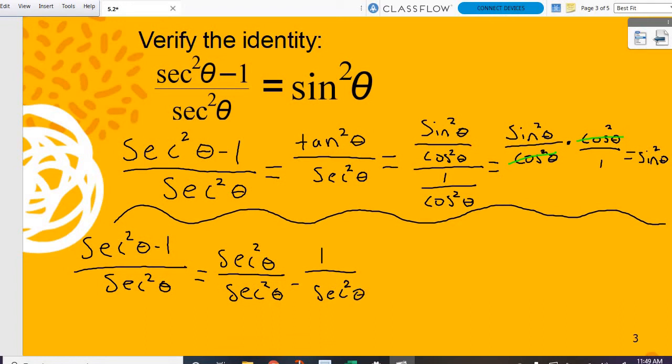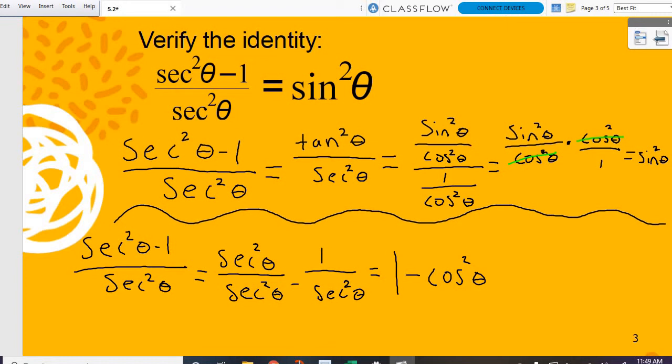And then what is secant squared divided by secant squared? 1. And then what is 1 divided by secant squared? Cosine squared.